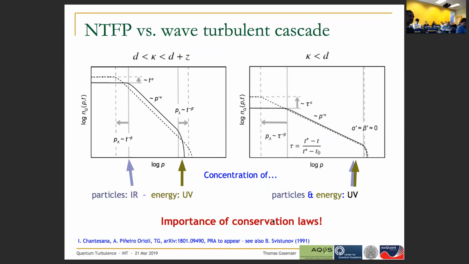Now let me point out the differences between this inverse cascade and the case we have here. So here I'm plotting again an idealized sketch of such a self-similar rescaling evolution near a non-thermal fixed point.